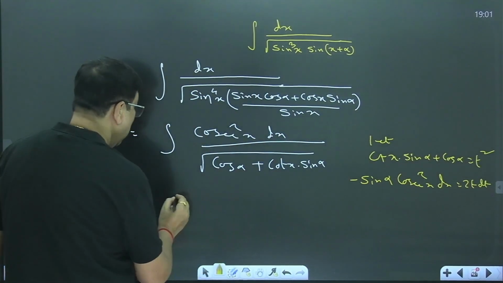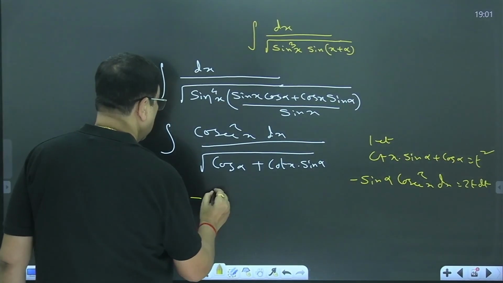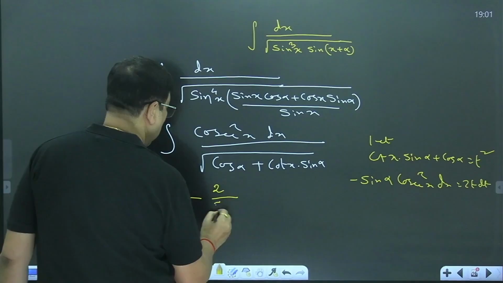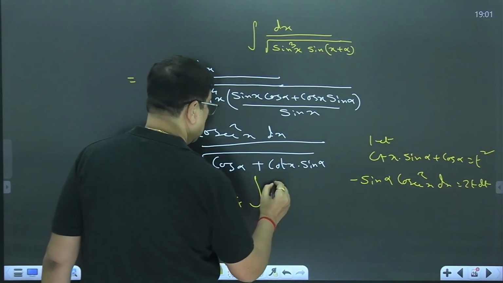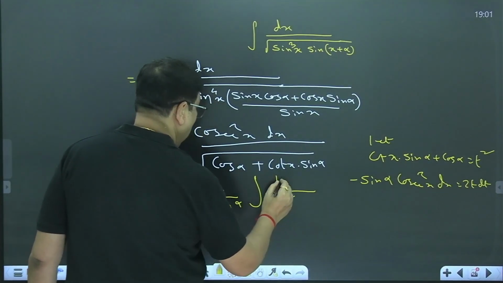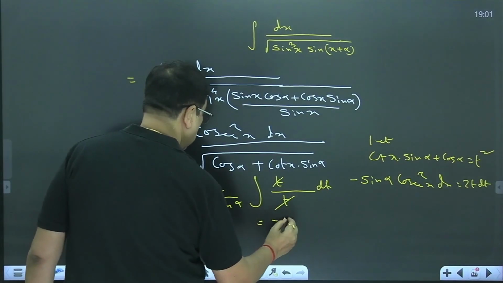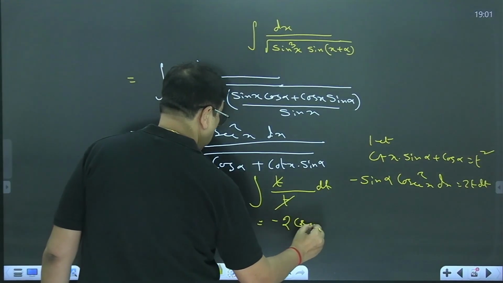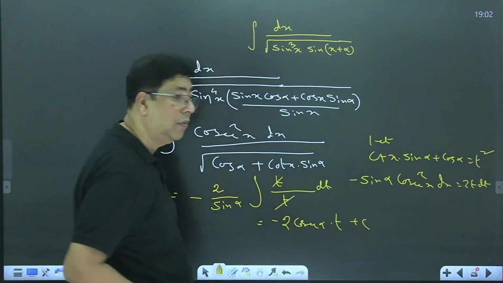Therefore I can write here minus cosec square x dx is minus 2 by sin alpha, and the integrand is t over root t square, and it is getting cancelled, everybody. So the integration of dt, minus 2 cosec alpha times the integration of dt, is t plus c.